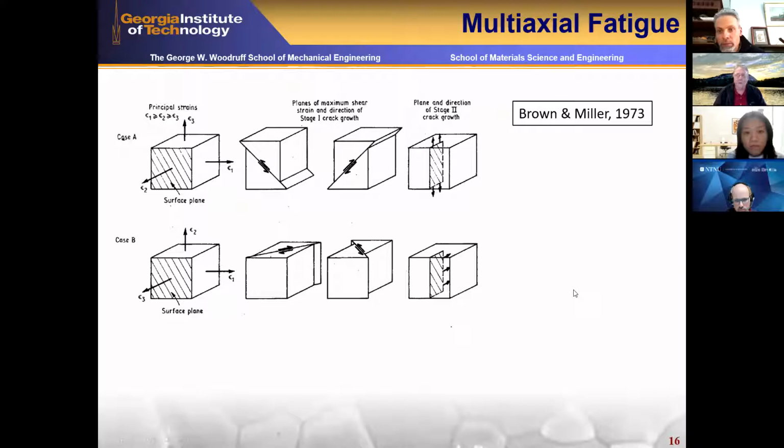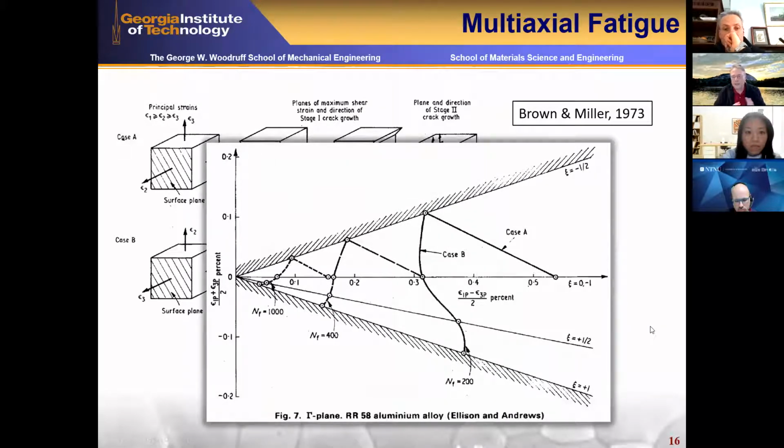Keith Miller and Mike Brown introduced the so-called gamma plane in 1973, where you have case A and case B. Case A would be like shear loading, where the cyclic shear is in the bulk direction. Case B, the cyclic shear disrupts the surface plane, and that would be typical of ranging from uniaxial to equibiaxial conditions. And you'd have these typical contours.